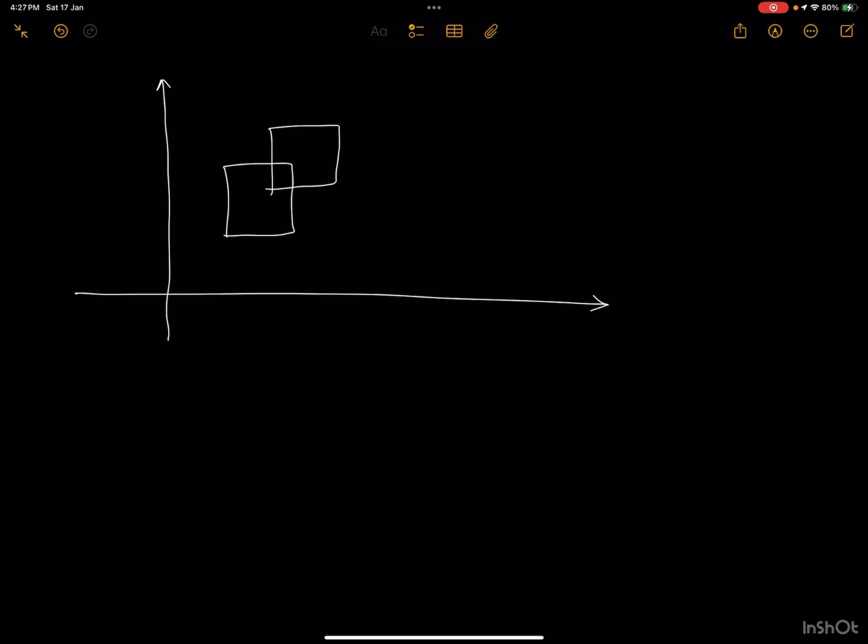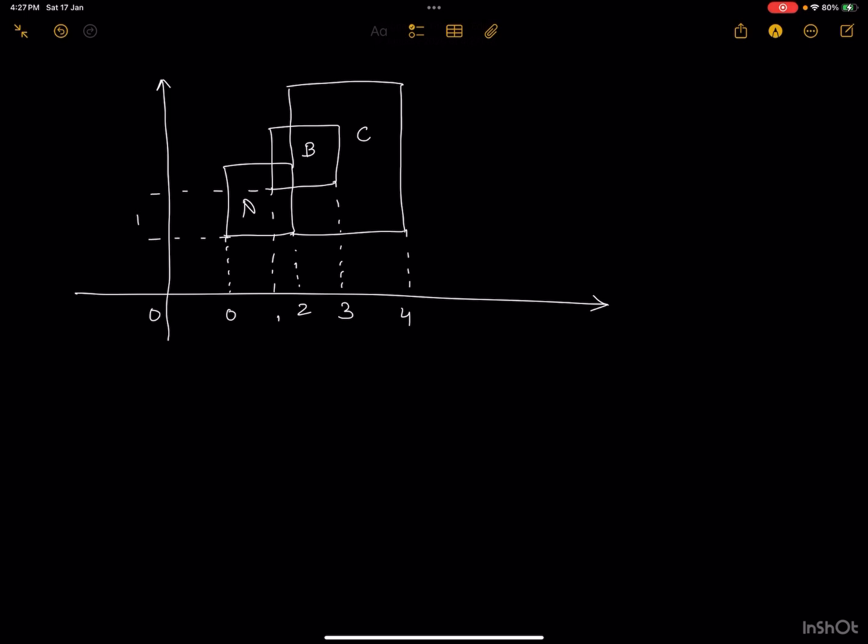Okay, let's number them A, B, and C. Now let's assign this grid as well: 0, 1, 2, 3, 4, and another 0, 1, 2, 3, 4, and 5. Okay, so we have made this grid and we have taken an example to display what the problem says.